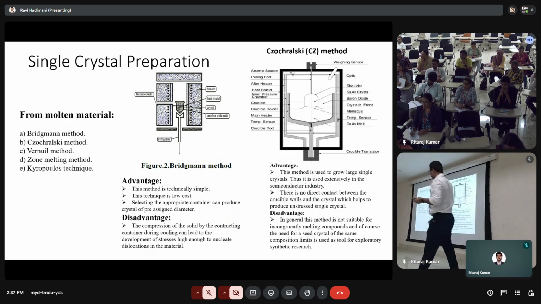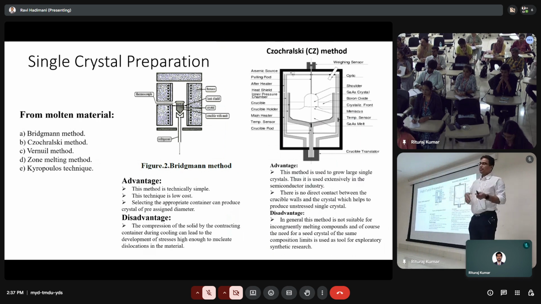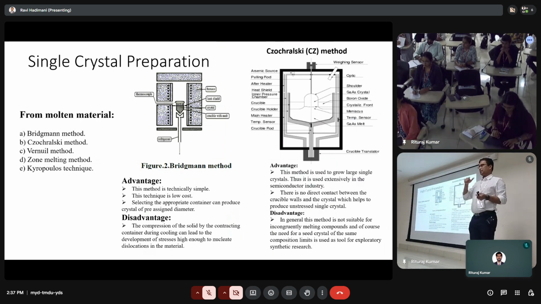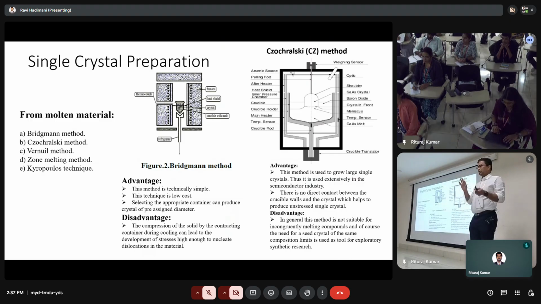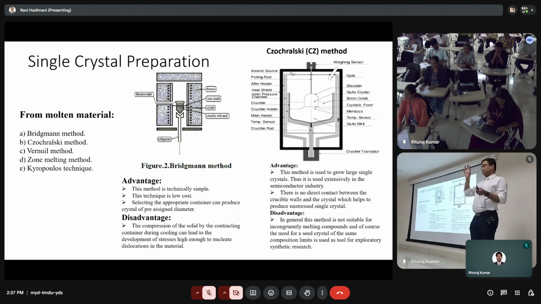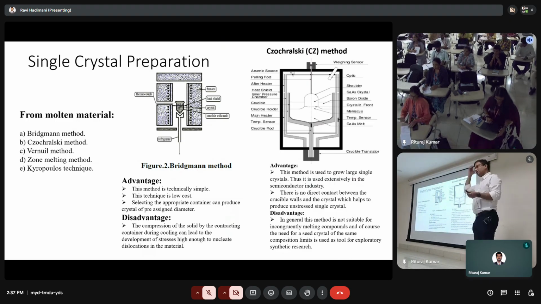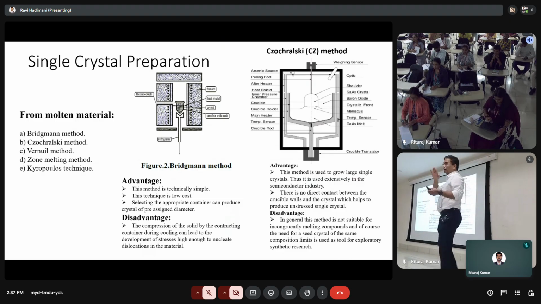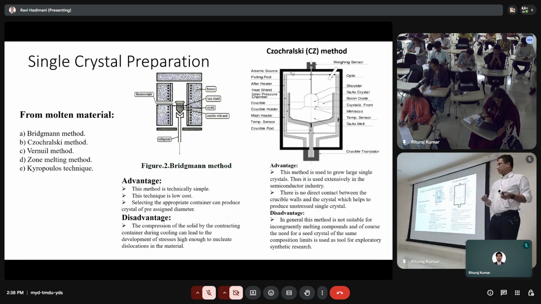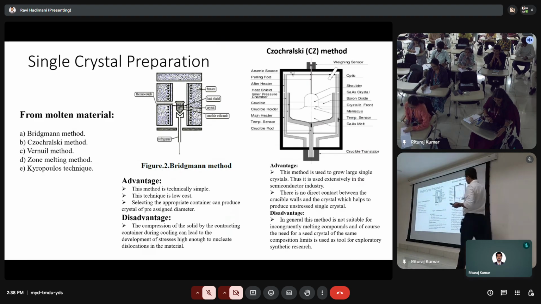Properties change along different axes. But what about polycrystalline? It's isotropic. You get the same property because of the random orientation of grains, unless you texture it. If you just cast a material and take it out, the casted material will be polycrystalline and will be isotropic.